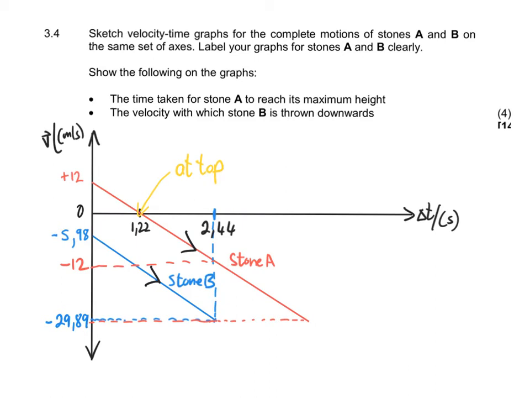So its total change in position is just 0 meters. But stone A then carries on after 2,44 seconds until it eventually hits the ground. And we'll see in the next slide, when we draw the other two graphs, how this makes more sense.